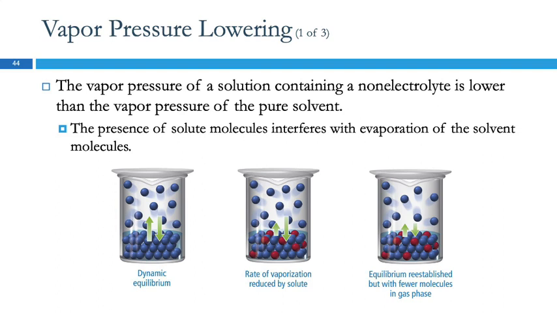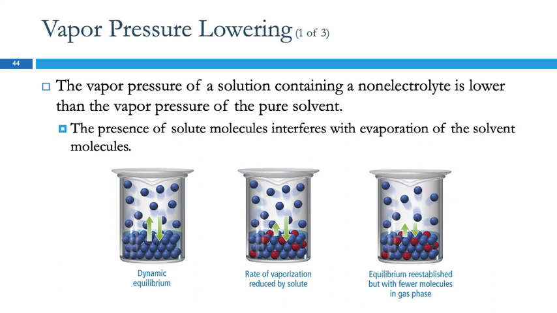So the first colligative property we're going to talk about is vapor pressure lowering. We've talked about vapor pressure recently. So here we have a covered beaker. Let's pretend this is water. The water's going to evaporate, and because it's trapped, the water in the gas state is also going to be condensing. This will come to a point of dynamic equilibrium where the vapor pressure is dependent on the temperature of the water.